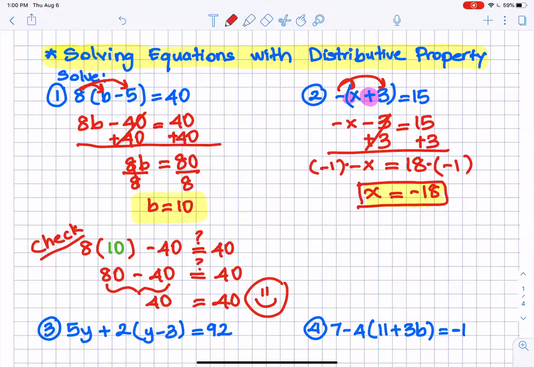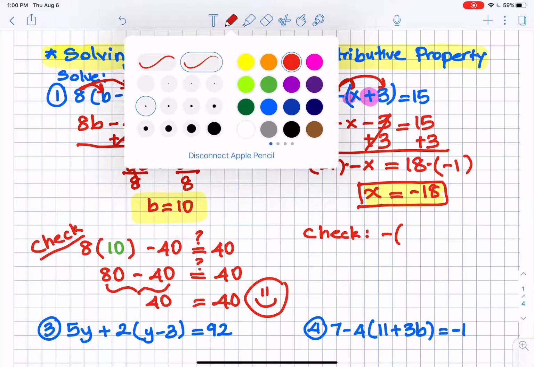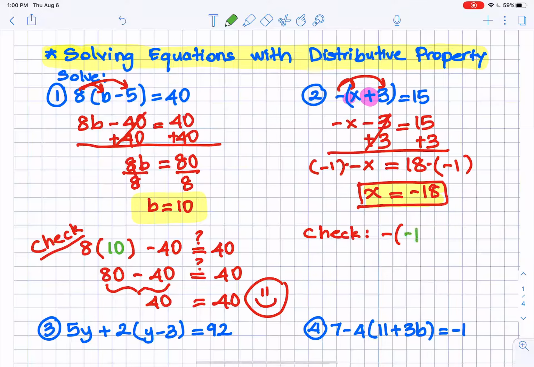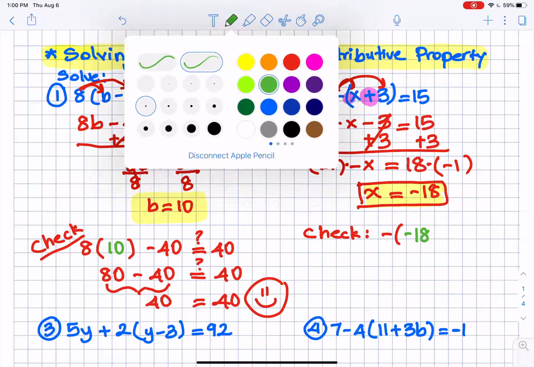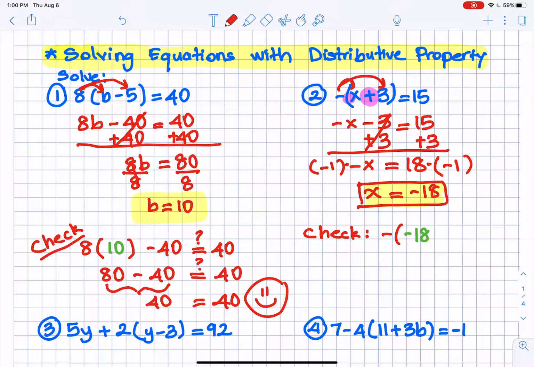But let's check. So I'm going to take the original question, negative. Instead of writing x, I'm going to put negative 18. And then plus 3. And we are checking if that is 15 or not. So, based on the order of operations, let's take care of what we have inside the parentheses.